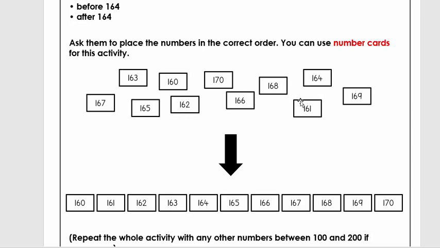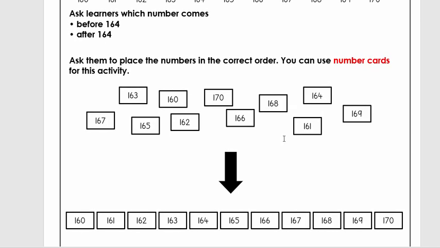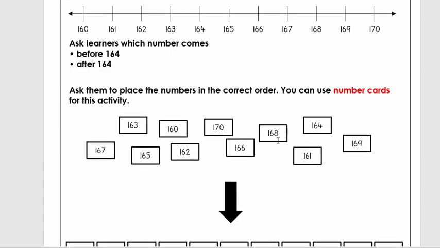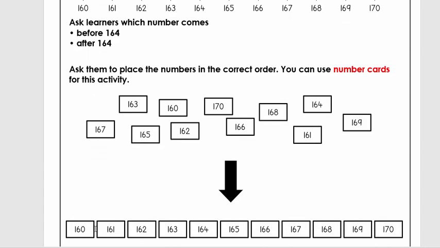After you've done that, ask your child to place them in the correct order, starting from the smallest to the largest. I'm going to reveal the answer. So you take the cards and the child places them from the smallest to the biggest. It will look something like that.